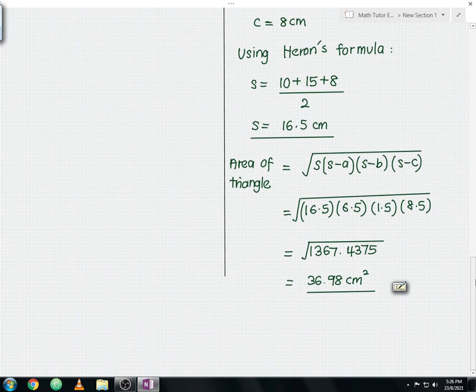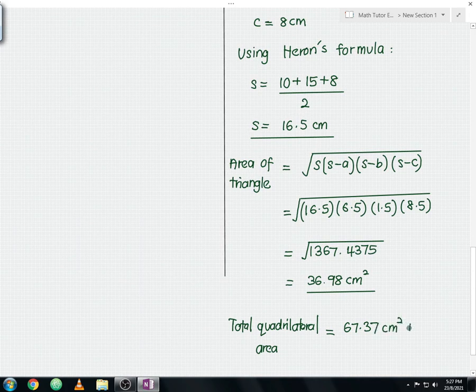So to calculate the total quadrilateral area, it is equal to the area of triangle 1, in this case 67.37 centimeter square, plus the area of the second triangle, which is 36.98 centimeter square.